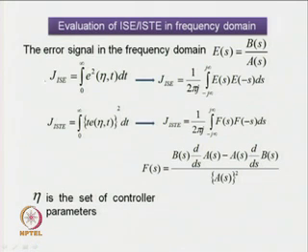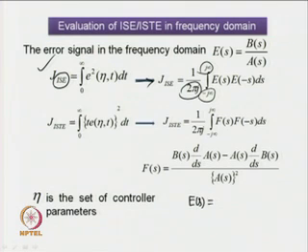Using the relation that the ISE criterion, expressed as integration from 0 to infinity of e square eta t dt, has an equivalent representation in the frequency domain in the form of 1 upon 2 pi j times integration from minus j infinity to j infinity of E(s) E(minus s) ds, where E(s) is available in transfer function form.